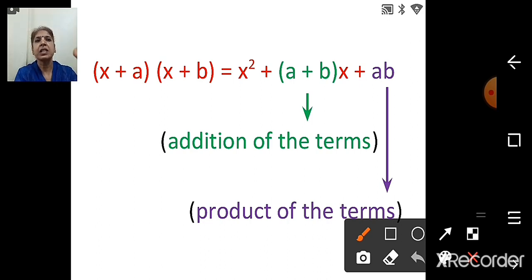First term is a square term, x square. And the next one is a plus b, the whole bracket, multiplied by x. So always remember, this middle term is formed by addition of the terms. And this ab is the product of the terms.